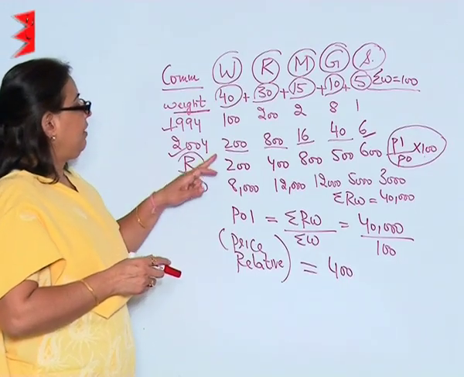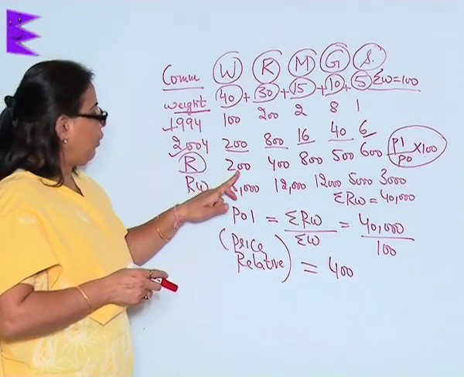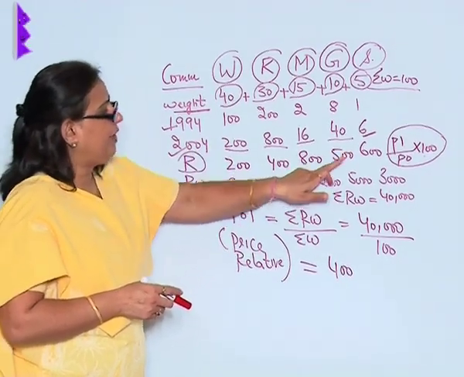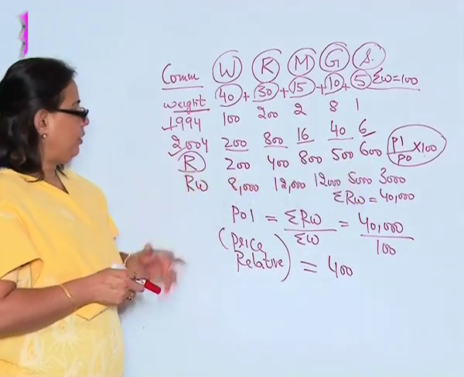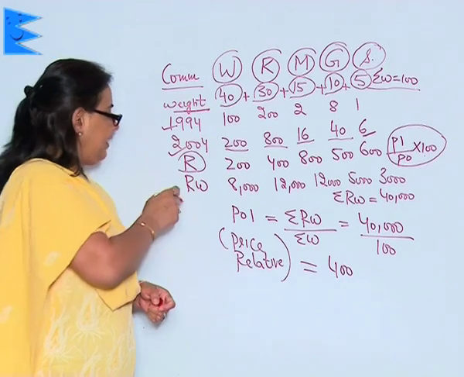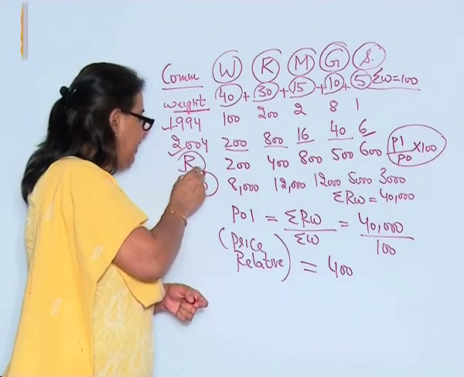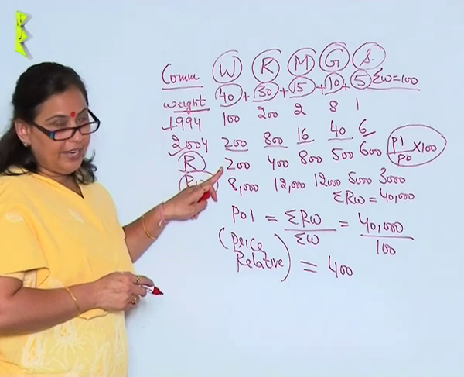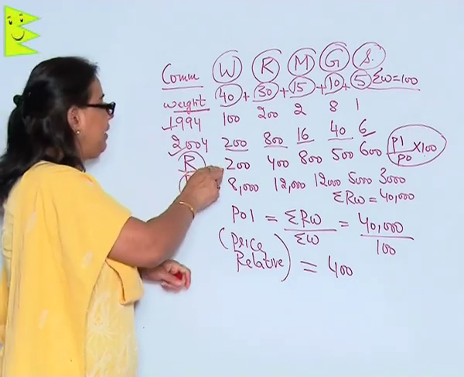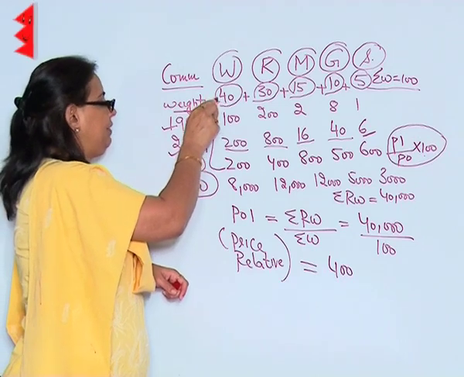For this, when we do this, we get 200, 400, 800, 500 and 600. After we have found the price relative, we will find out the price relative weightage. Whatever is the price relative, we are going to multiply it by the weight that we have.